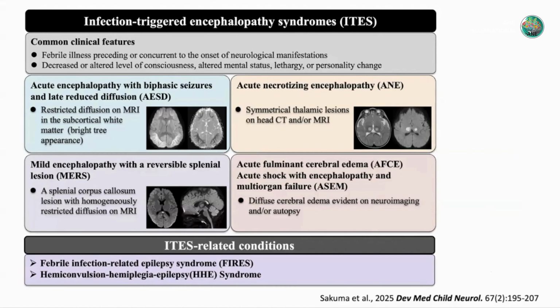And this is an attempt more recently from a group of us, led by Hiroshi Mizuguchi and Russell Dale in Australia, to unify the spectrum of conditions. The reason we felt it was important to do the whole spectrum is twofold.